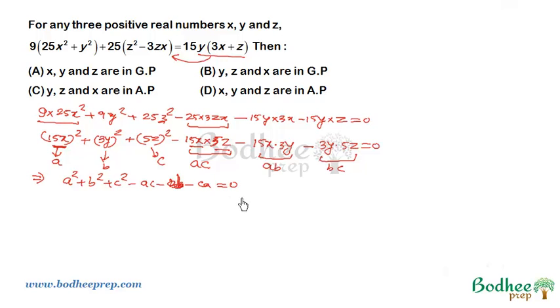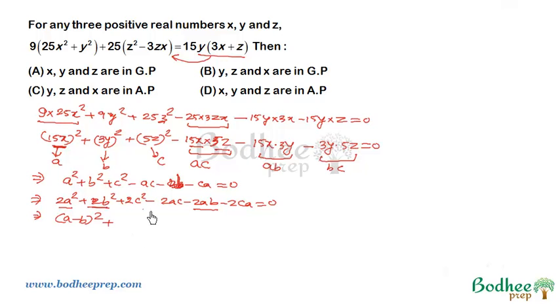Just to make it 2, let me multiply the entire expression with 2. So here I'll be getting 2 times A square plus 2 times B square plus 2 times C square minus 2 times AB minus 2 times BC minus 2 times CA equal to 0. Now again, if I take 1 A square from here, 1 B square from here, and 2AB together, then I can write it as A minus B whole square, right?